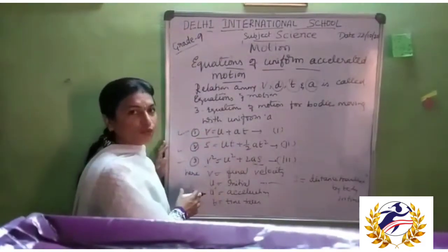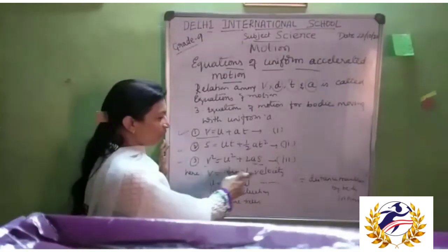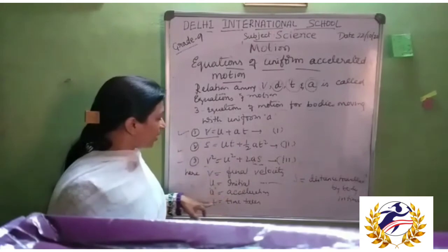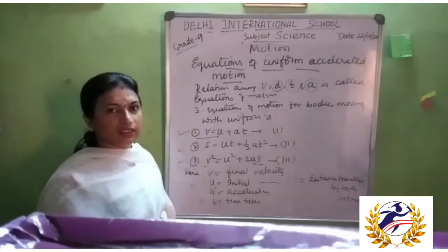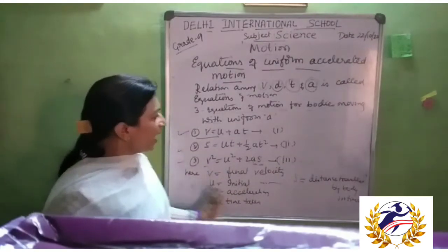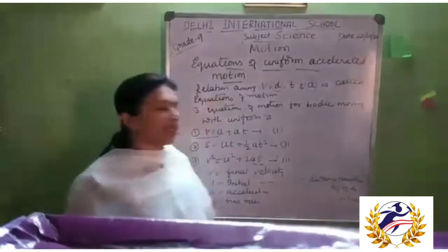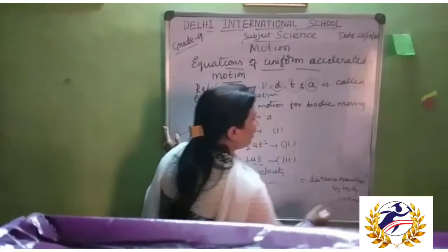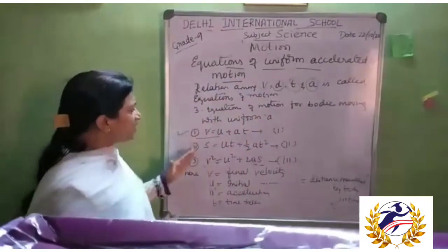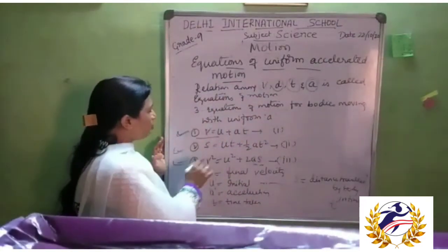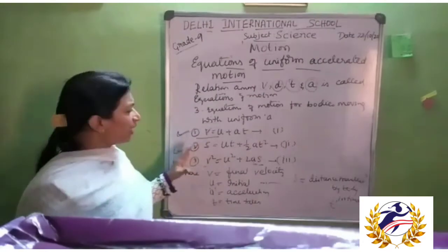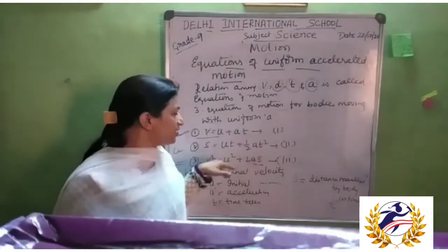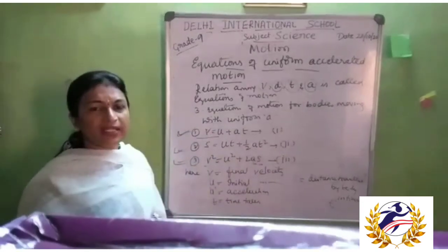In any equation of motion, v is the final velocity, u is the initial velocity, a is the acceleration, t is the time taken, and s is the distance travelled by a body in time t. You need to memorize these: v = u + at, s = ut + (1/2)at², v² = u² + 2as.